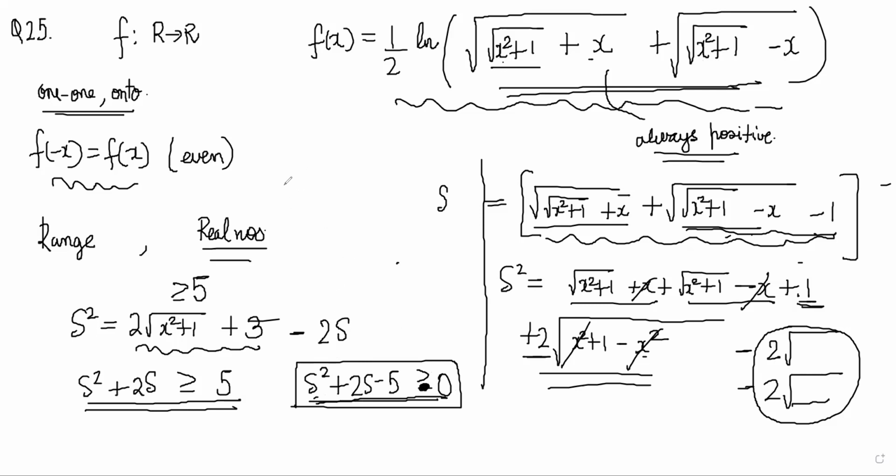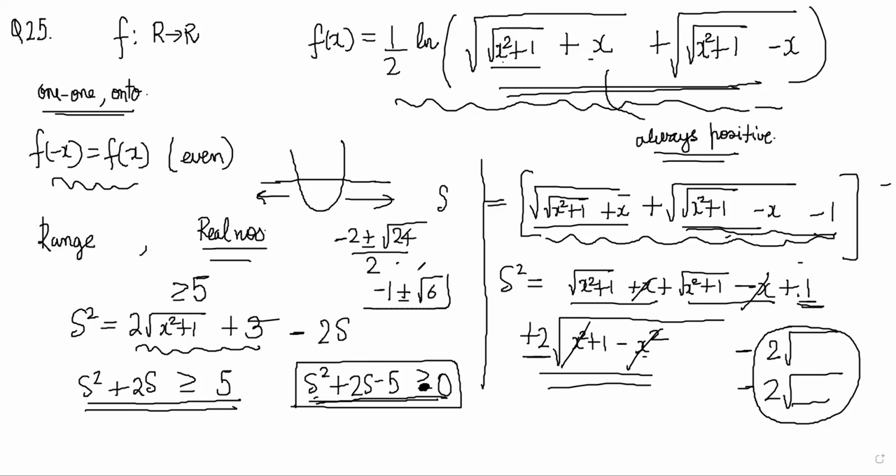When will this quadratic be positive? This is b square minus 4ac, which is positive, so this quadratic will be positive when it is beyond the roots. S value has to be beyond the root: minus 2 plus minus root over b square minus 4ac. What is b square? 4 plus 20, 24, right? So minus 1 plus minus 2 root 6 by 2, so root 6.